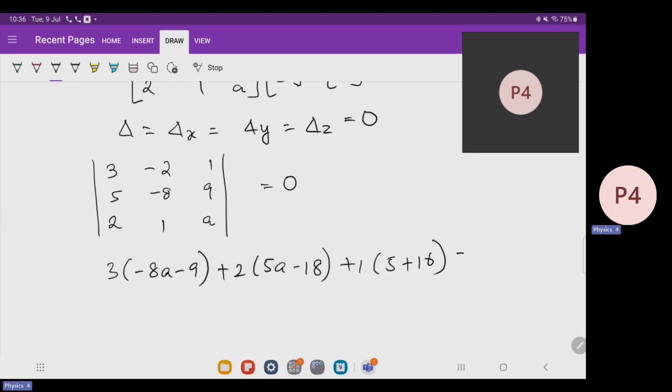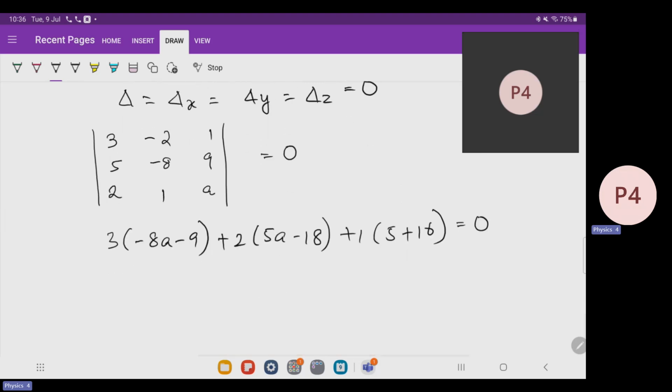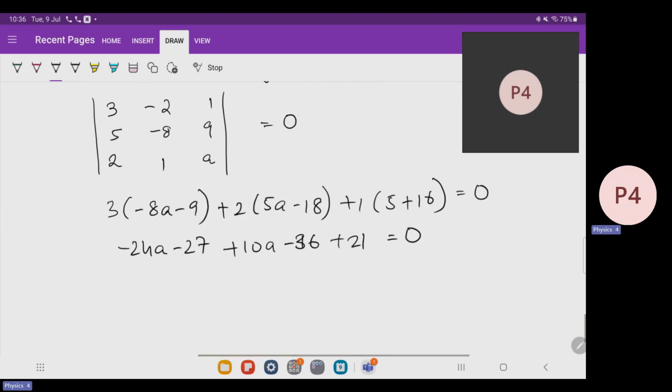This will be equal to 0. This is -24A - 27 + 10A - 36 + 21 = 0. So this is -14A - 27 - 36 + 21, which is -42. So A we will get as -3.